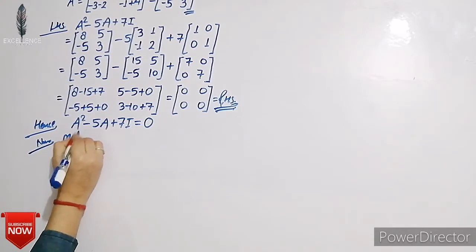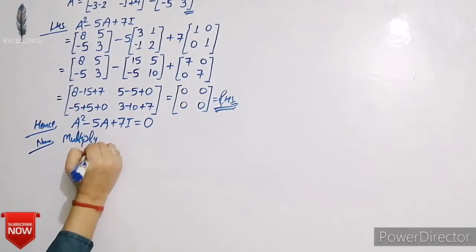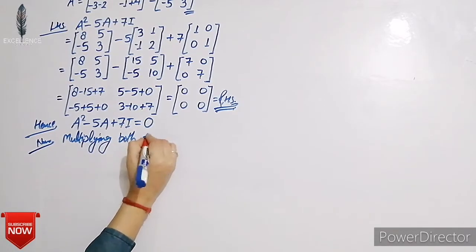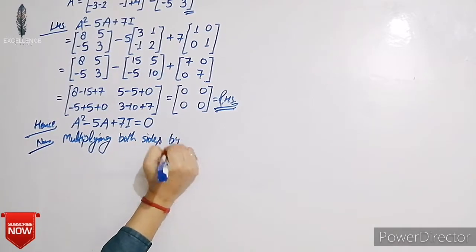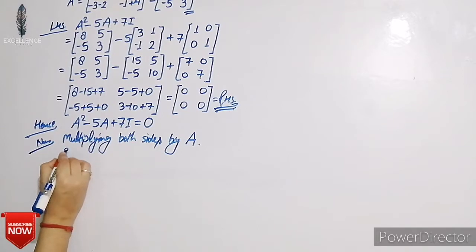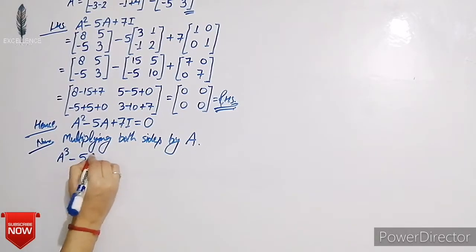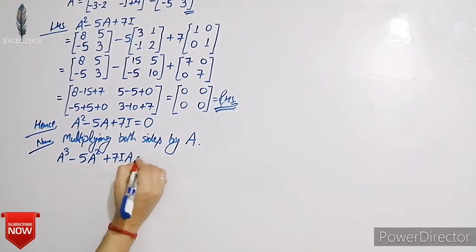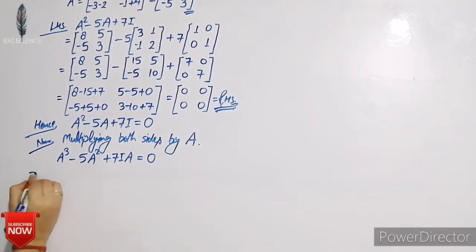Now multiplying both the sides by A, then we get A cube minus 5A square plus 7IA is equal to 0.